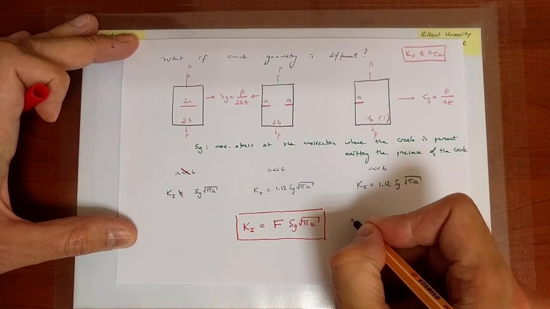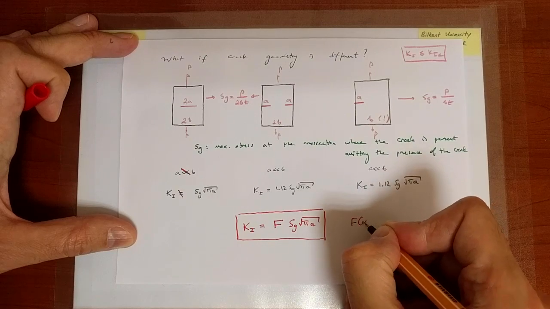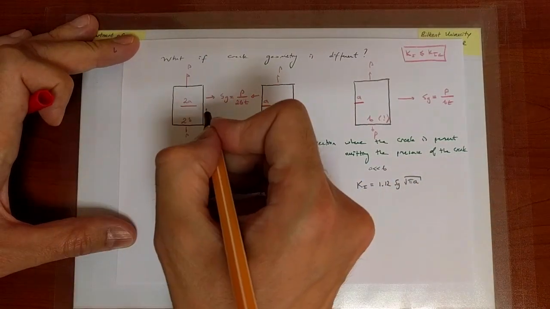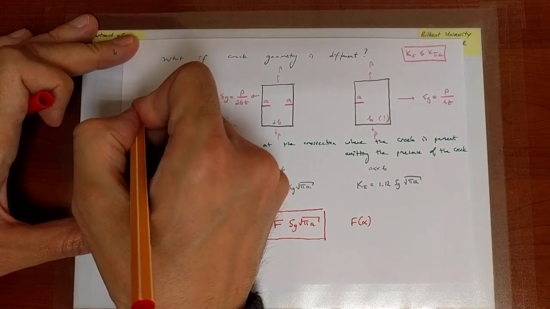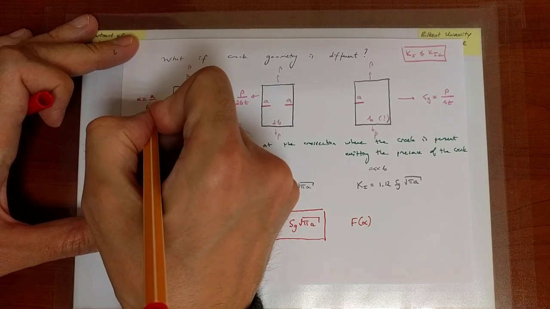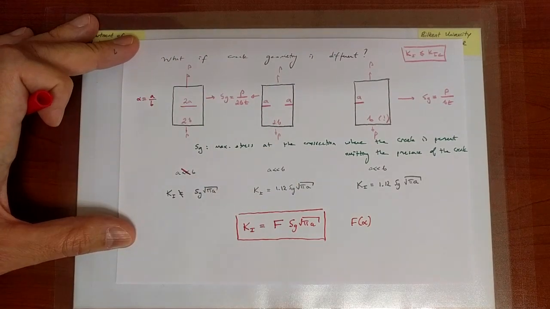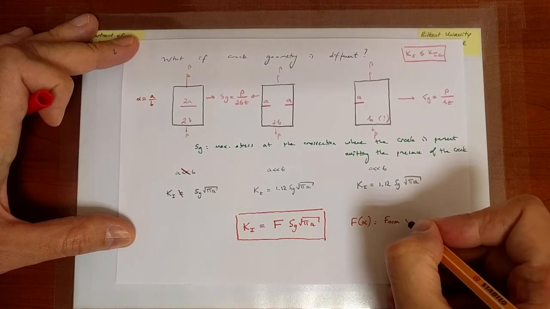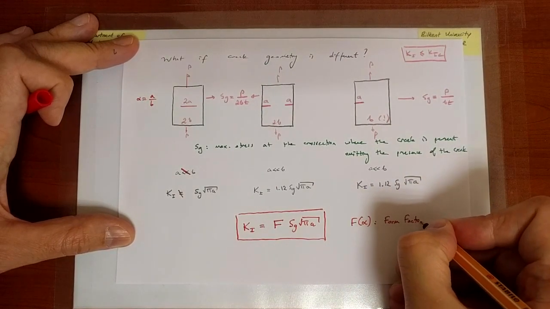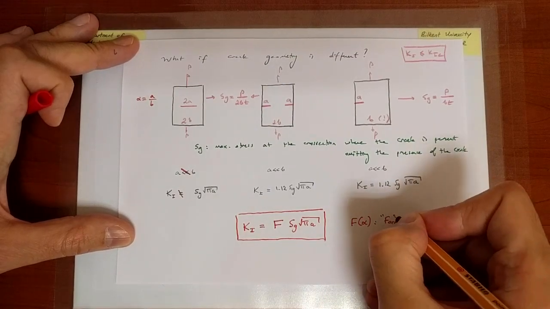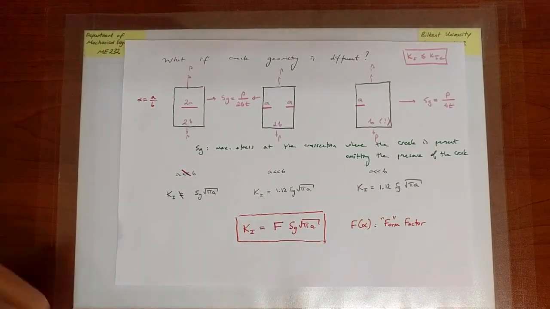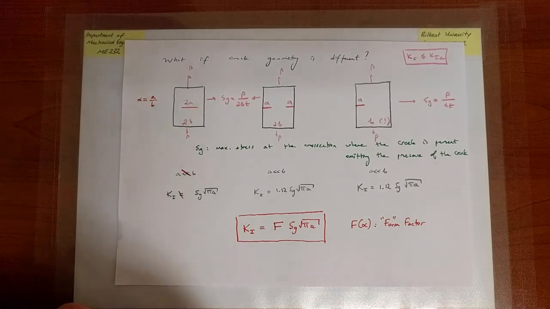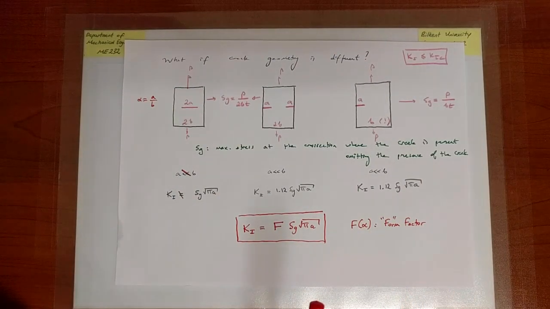But this f, it turns out, is a function of alpha. And remember, alpha is, in all cases, the ratio of A to B. It is called the form factor, because it sort of takes into account the form of the crack, if you like, and the form of the loading, etc. Now, what does f look like?